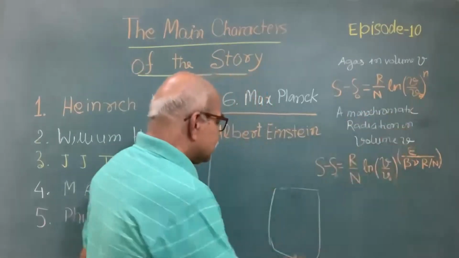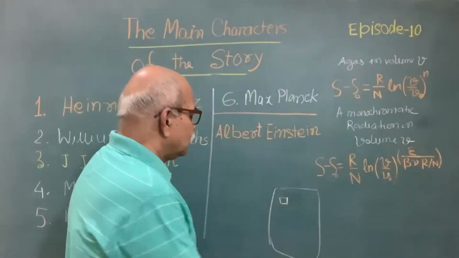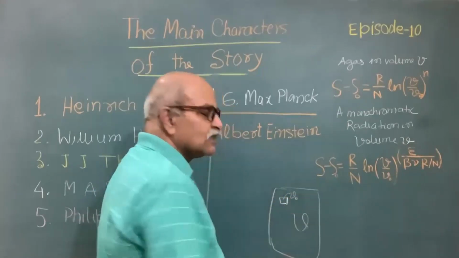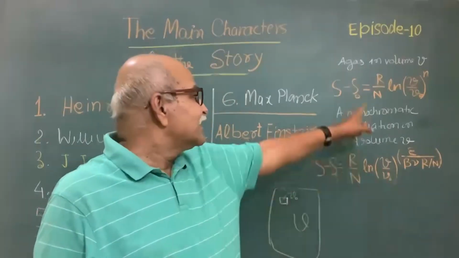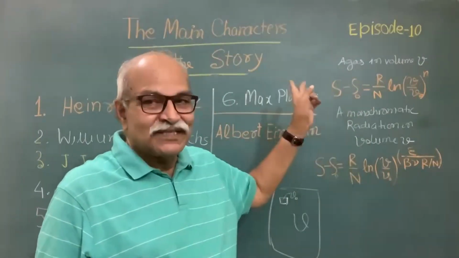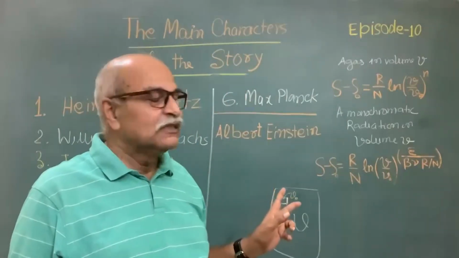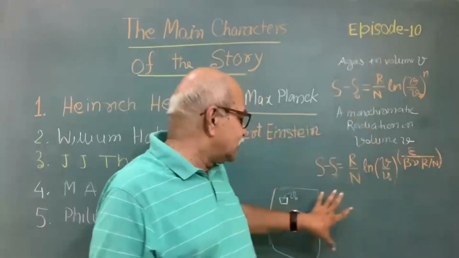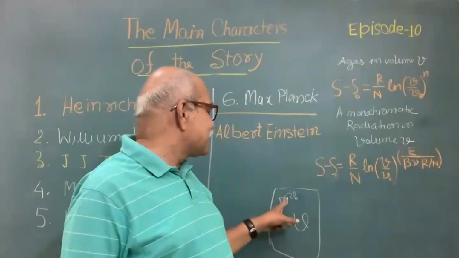This V naught is an arbitrarily chosen small volume. The whole volume is V and this volume is V naught. So you choose a small volume V naught. And what are these S naught and S? They are entropies. If you assume that somehow all these molecules in this gas, somehow at some instant they are confined into this.